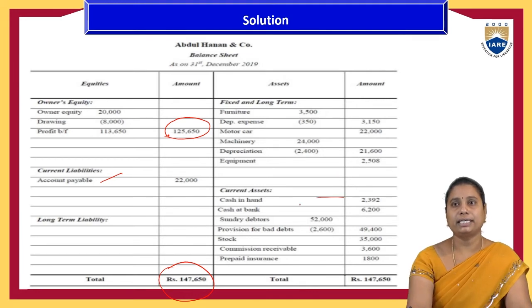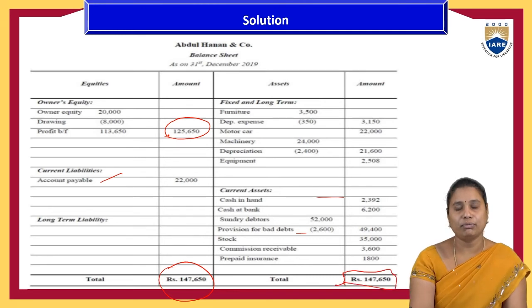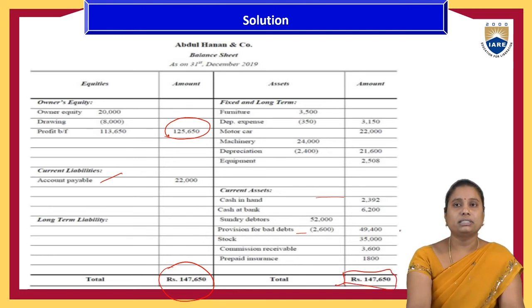Then the cash in hand, cash at bank, sundry debtors less the provision for bad debts 49,400, stock 35,000, commission receivable of 3,600, and prepaid insurance of 18,000 have been added, and 1,47,650 rupees is equivalent to the liabilities. So like this, we will prepare the balance sheet with the given data.